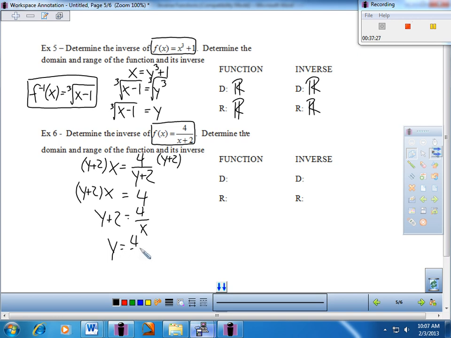And so 4 over x minus 2. You could probably go a little further, and if you'd like to, you're more than welcome to. I don't see a real need, though. That's as good of an inverse as any. And so again, when you solve for y, what you've really done is you have found the inverse of our function. So let's notate that. And there it is.